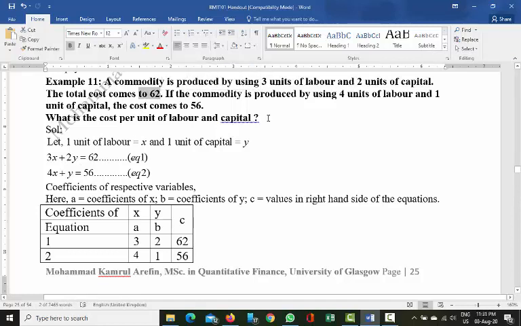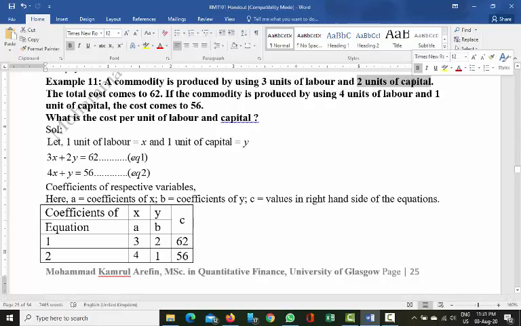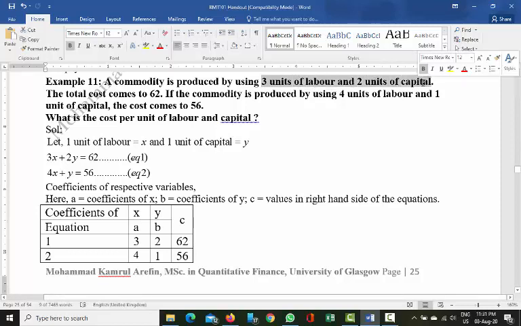I'm saying again, 1 unit of labor costs X taka, so 3 units of labor will cost 3x taka. 1 unit of capital costs Y taka, so 2 units of capital will cost 2y taka. So total cost is 3x plus 2y is equal to 62.